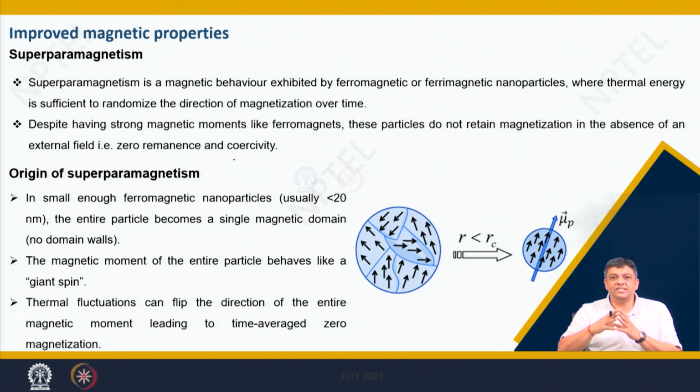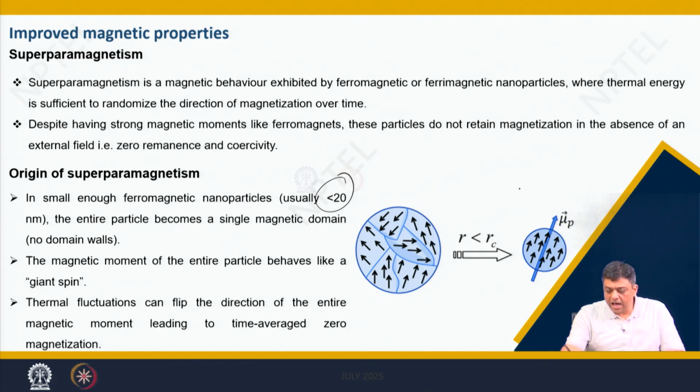When you reduce the size of the magnetic particles, their properties are entirely different from those which are observed in bulk magnetic materials. For example, if you take a particle which is ferromagnetic in nature and then you reduce its size, you can actually go from a ferromagnetic state to a superparamagnetic state.